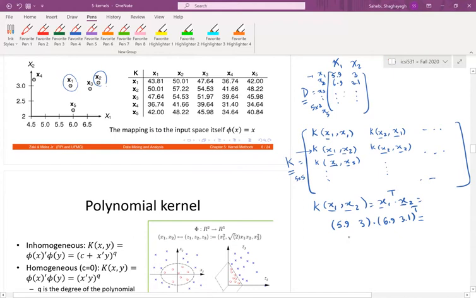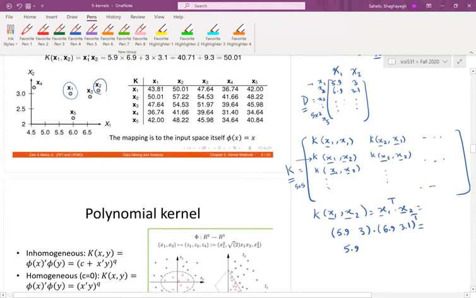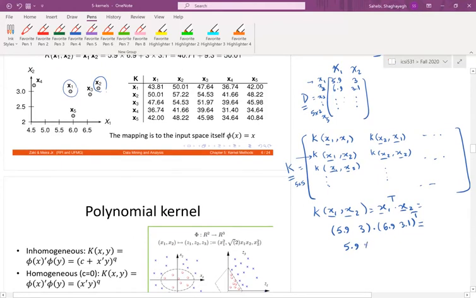It's actually equal to 5.9 multiplied by 6.9 plus 3 multiplied by 3.1, which is equal to 50.01. And that is the kernel between x1 and x2.